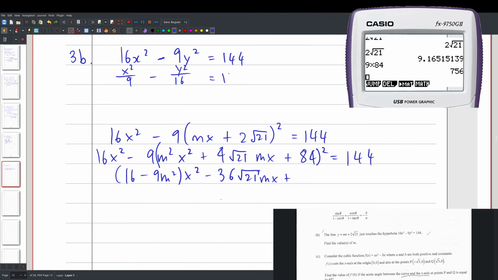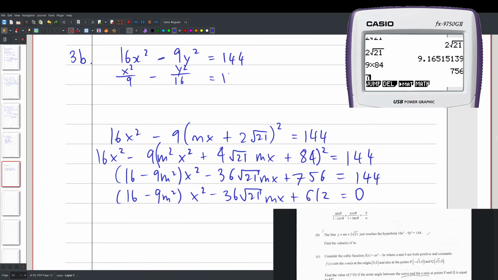That's 756. 756 minus 144. 16 minus 9m squared x squared, 36 root 21 mx plus 612 equals 0. I hope that's correct. Yeah, 612. Alright. This is highly sus though.